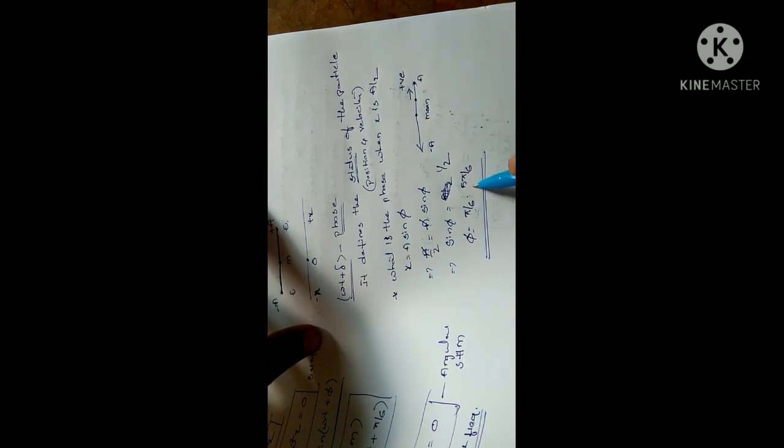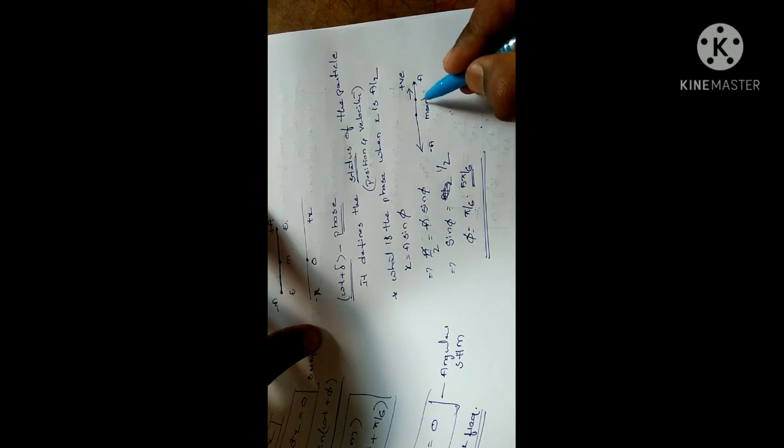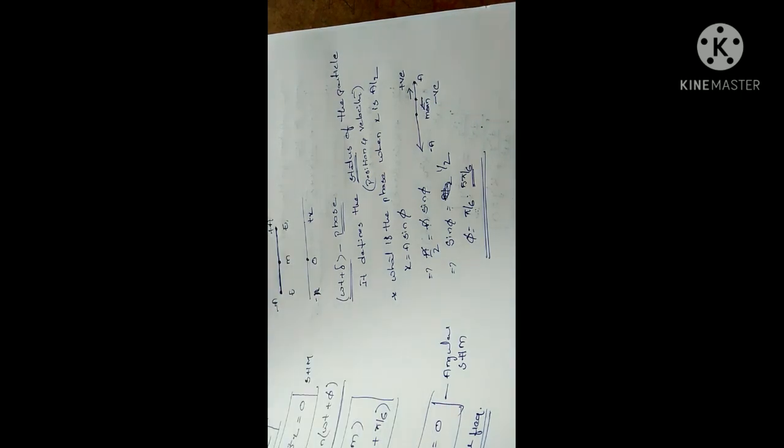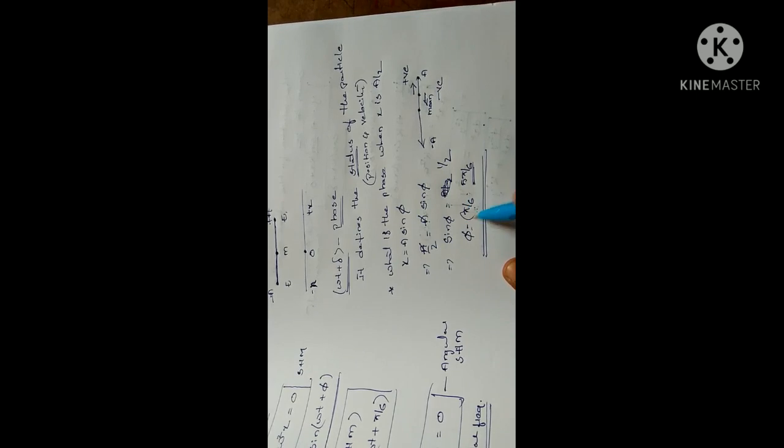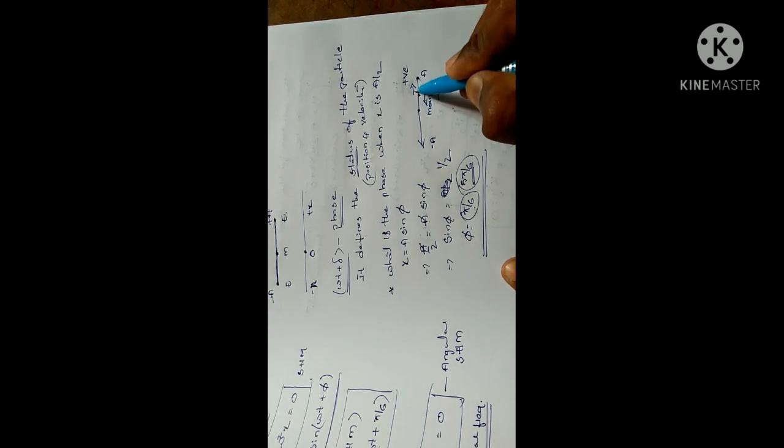And for the phase of 5 pi by 6, the second time the particle is at A by 2 only, but it is moving towards the mean point, meaning it is moving along the negative x-axis. So by knowing the phase, I can locate the position of the particle as well as give you the velocity of the particle. So that is what the phase means.